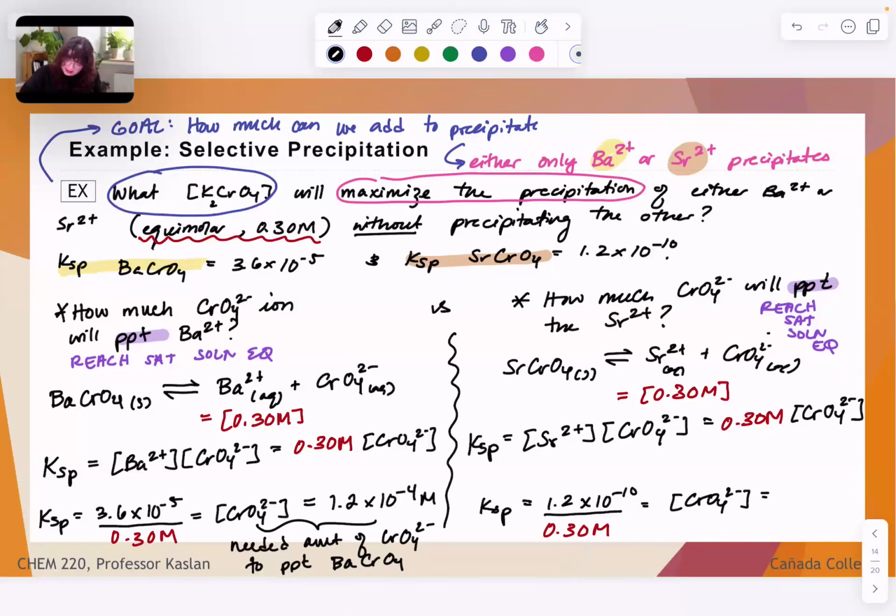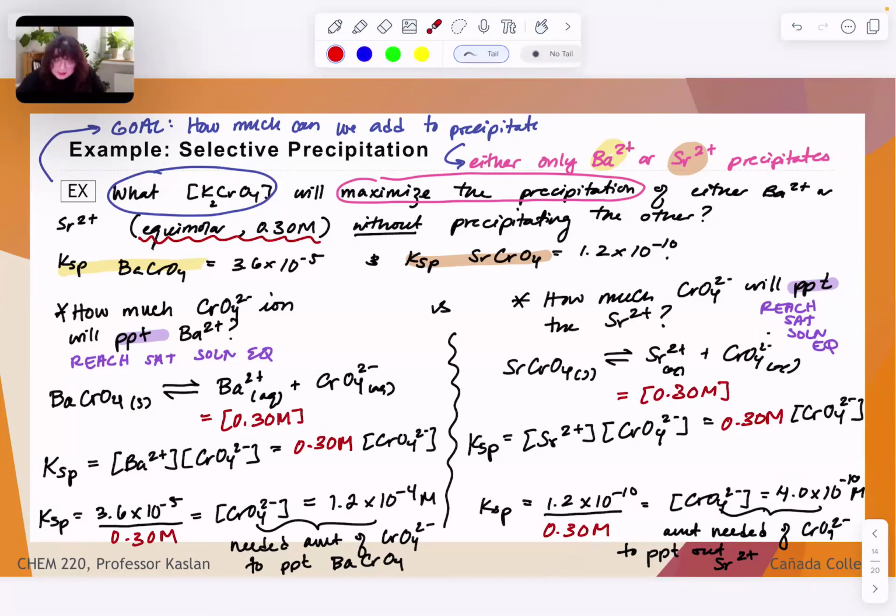Whereas with the strontium, we have 1.2 times 10 to the negative 10 divided by 0.3, which gives us 4.0 times 10 to the negative 10 molar. So this is the amount needed of our chromate ion to precipitate out all the strontium.